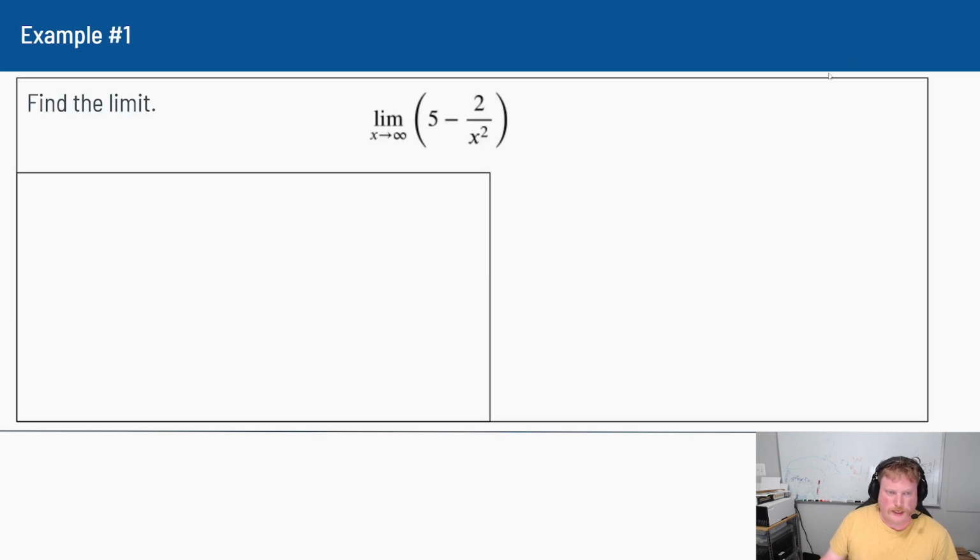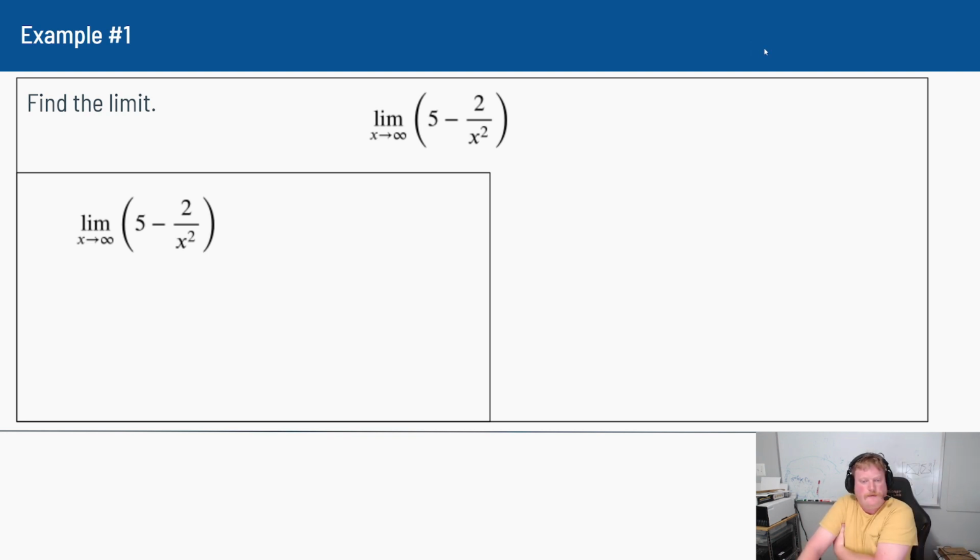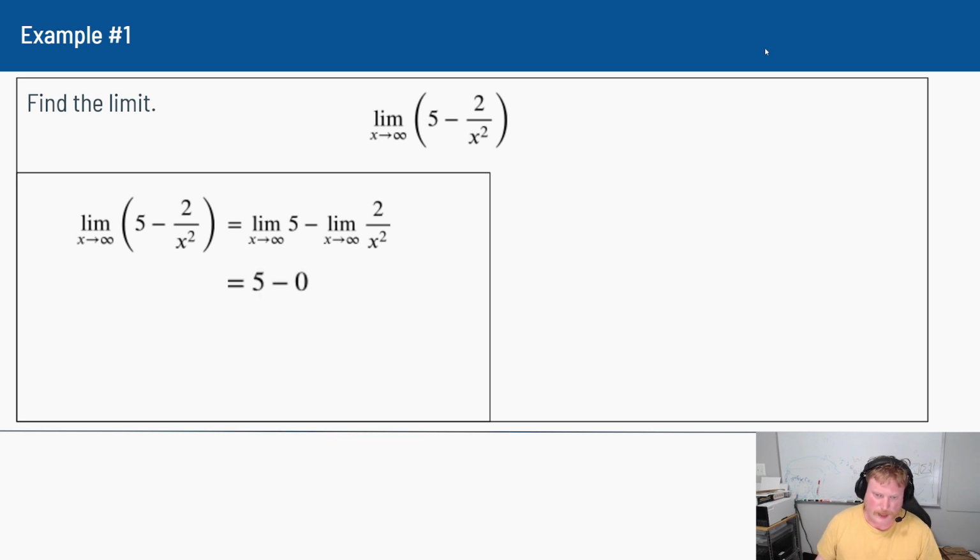So, quick example. We want to find the limit of this function, 5 minus 2 over x squared, as x approaches infinity. Let's apply some of our limit properties. We can break this up into two separate limits and find the difference of the limits. Now the limit as x approaches infinity of 5, that's just a constant. 5 is always 5, regardless of the value of x.